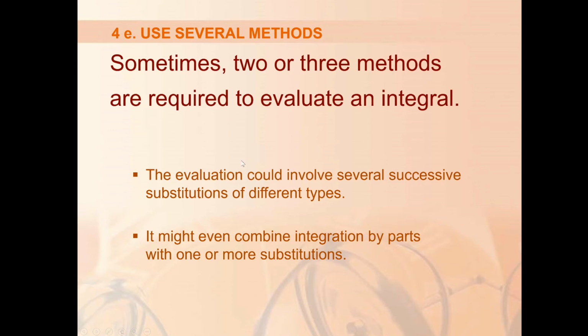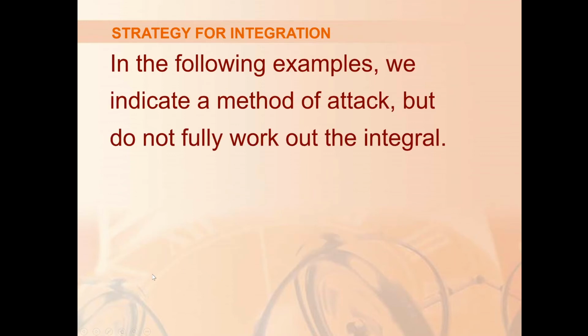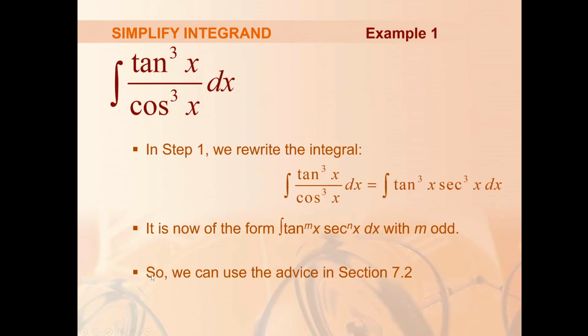And here's the one that I was talking about earlier. Sometimes two or three methods are required to evaluate the integral. Okay, now let's look at this one. If you see anything like tangent of x to a higher power, secant of x to a higher power, we can just rewrite it as the integral of tangent of x to the power of 3 times secant of x to the power of 3.